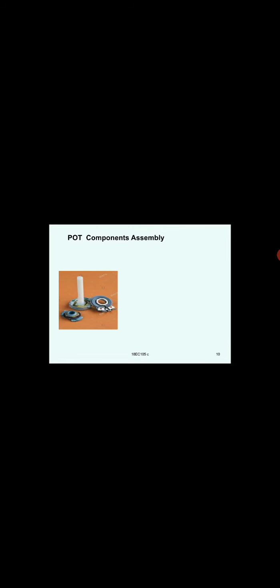Now let us see the pot components and how it is assembled. We are going to see the further construction of the potentiometer. So here you can see different parts that are forming into a pot.